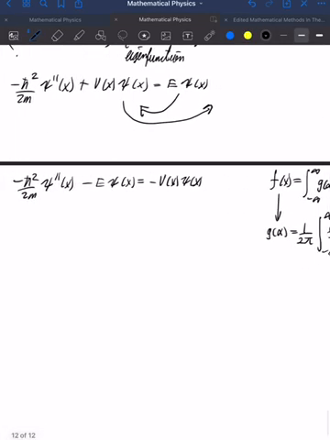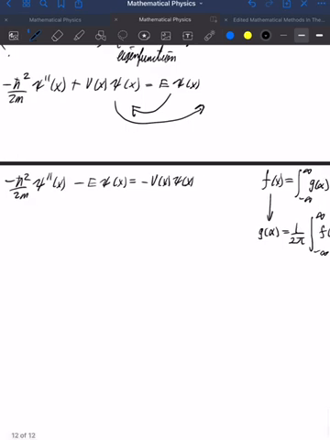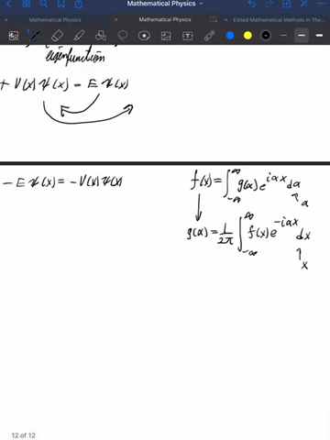So what we're going to do is substitute psi of x for its respective integral. Just like f of x is equal to the integral of its Fourier transform, psi of x is also equal to the integral of its Fourier transform. So psi of x is equal to the integral from minus infinity to infinity of psi tilde of k e to the i kx dk. I'm going to use the variable k here instead of alpha.